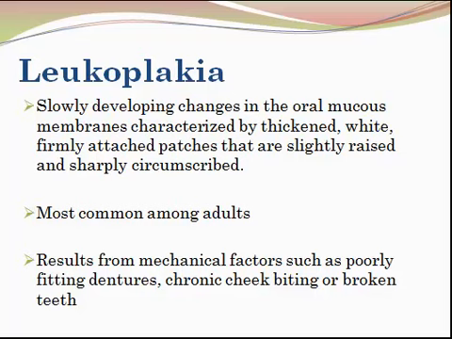Remember, we talked about stomatitis, and the type of stomatitis that has those white patches is candida. That yeast or fungal infection with candida can be easily scraped off, as compared to leukoplakia, which cannot be.